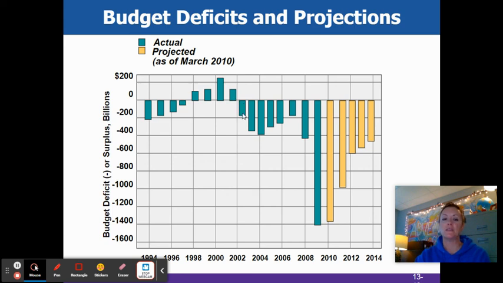This first dip here happened when we began the War on Terror in 2001. This big one down here in 2009 happened with the last big recession. And since that time, the deficits have decreased, although this graph doesn't show 2020, and the farthest it goes is $1.4 trillion. We actually ran a $3 trillion deficit in 2020, which means if 2020 was added to this graph, the bar that you would be looking at for that year would be twice as long as these ones here in 2009 and 2010.